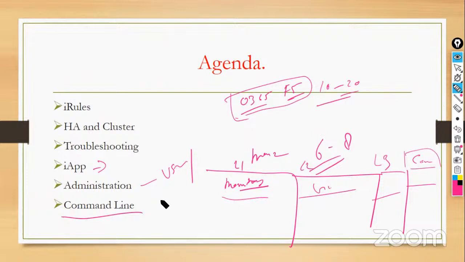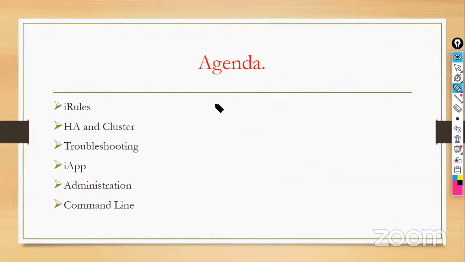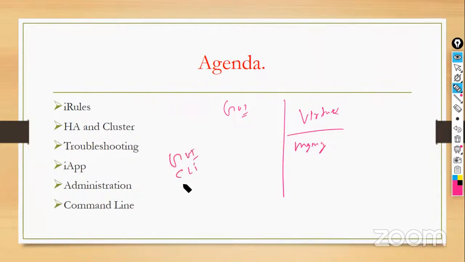Command line. The command line is basically whatever we can do in the GUI. For example, if we need to create a virtual server, or configure the management IP, we can do it with the GUI, and we can do it with the CLI as well, right?